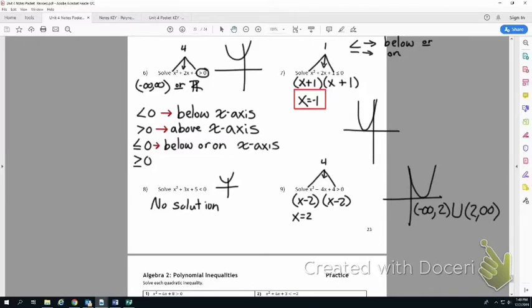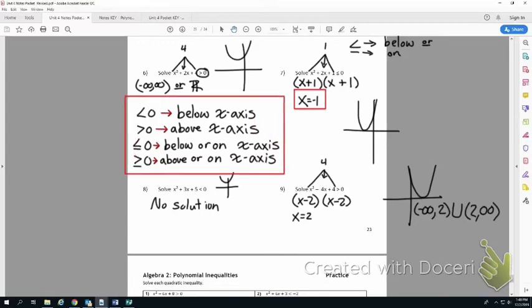And then greater than or equal to, above or on. So I think if you can put that part of the inequality into those words, and you're looking at the graph, that's going to help you figure that out.